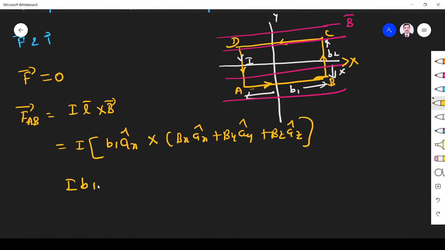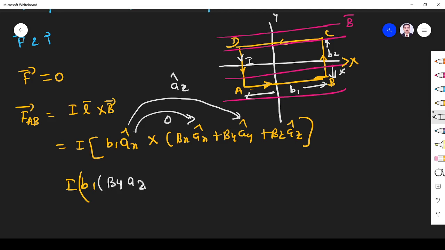Now we take the cross product. ax cross ax is 0, no problem. Next, ax cross ay is az, so we get I B1 By az.